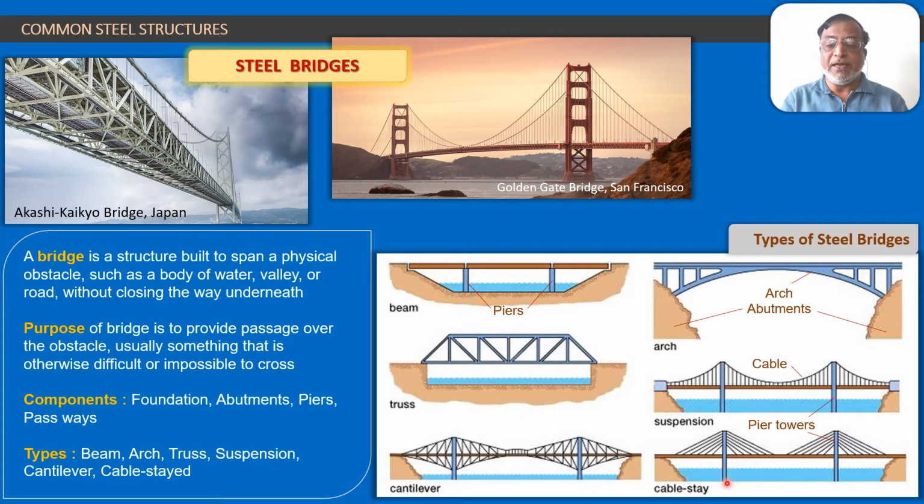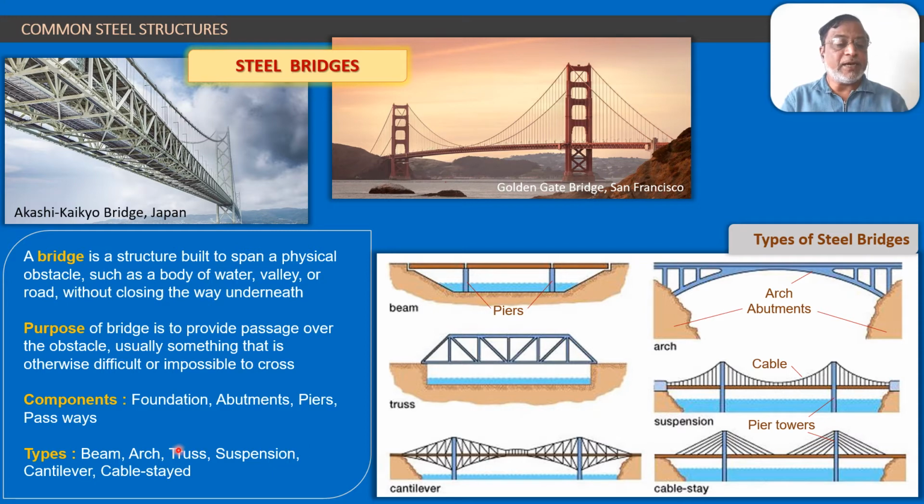You can see that the vertical pier tower is similar, but here the cables start from the tower at different levels, at different heights, and they hold the bridge base. So this is the difference between a cable stayed bridge and a suspension bridge. Both of them are using cables, but the way of using the cables to support the bridge is different for both the types of bridges.